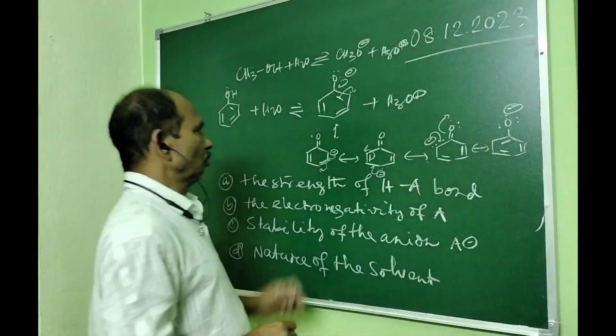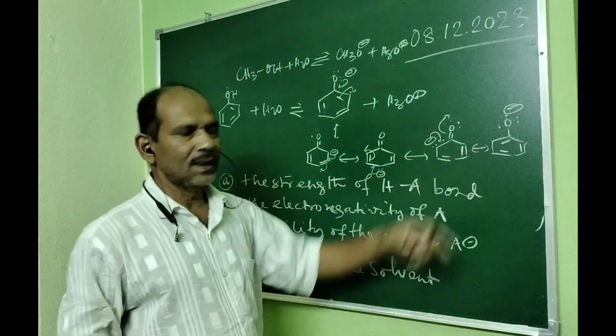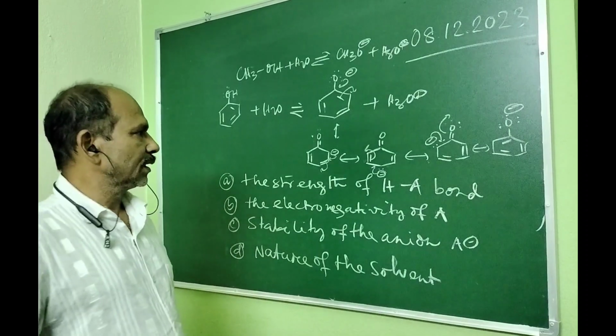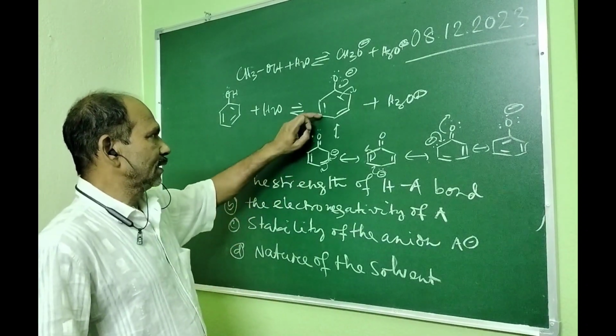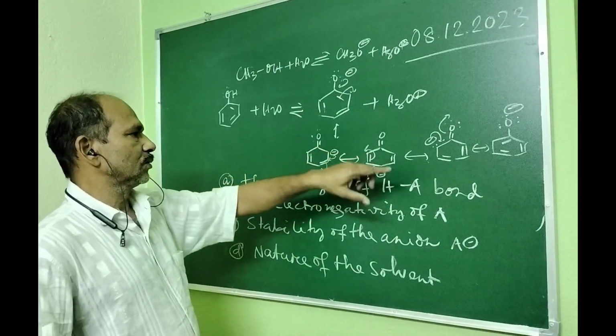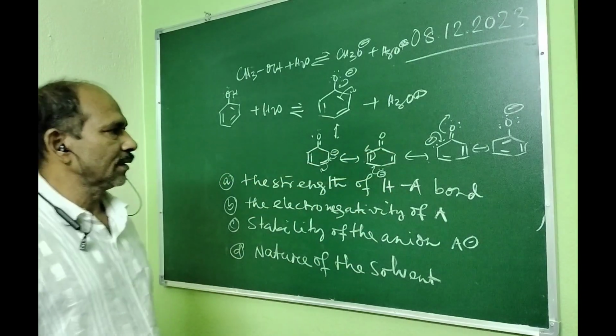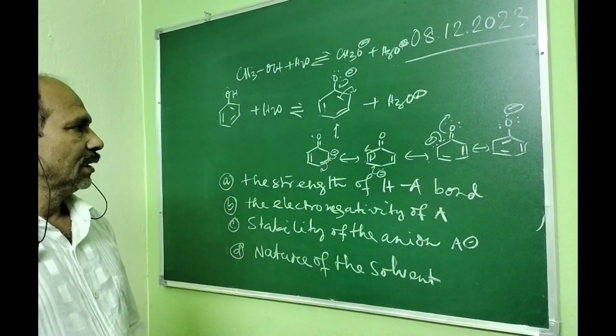Okay, so we get 1, 2, 3, 4, 5 resonance structures. These resonance structures stabilize the ion due to the presence of so many of them. They have 5 resonance structures.